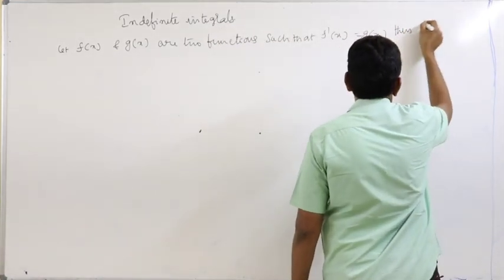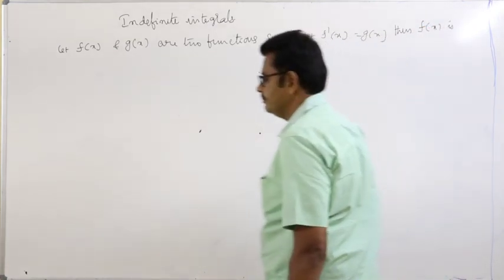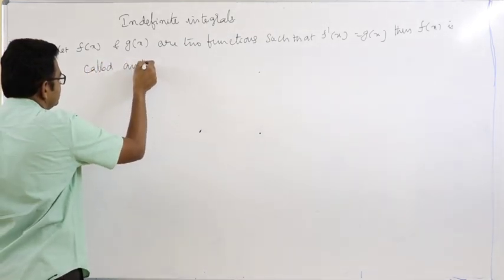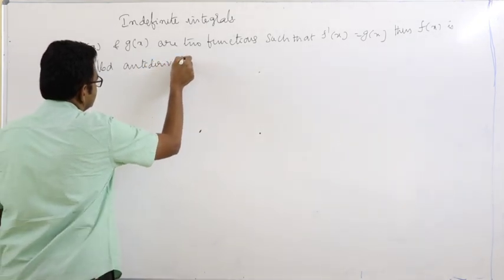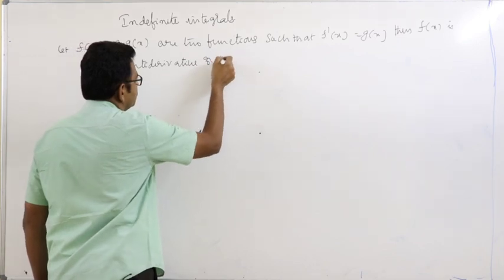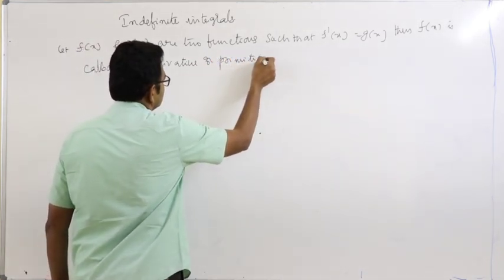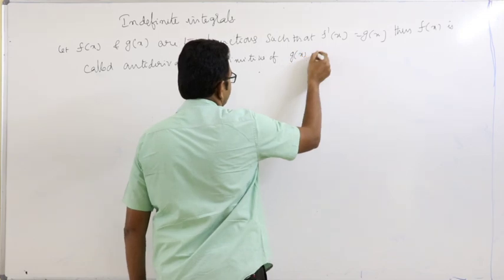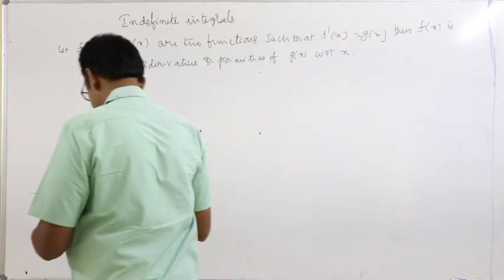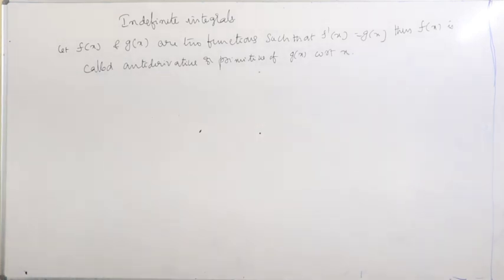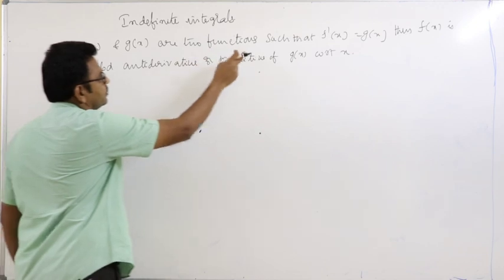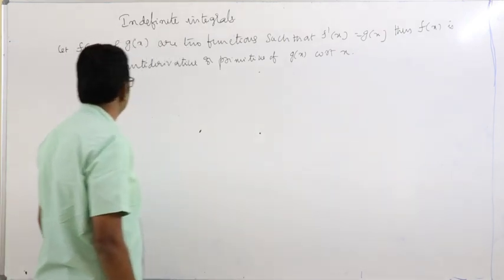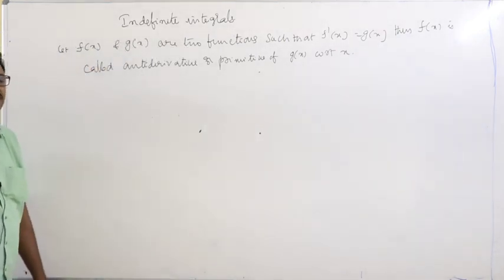Then f of x is called antiderivative or primitive of g of x with respect to x.